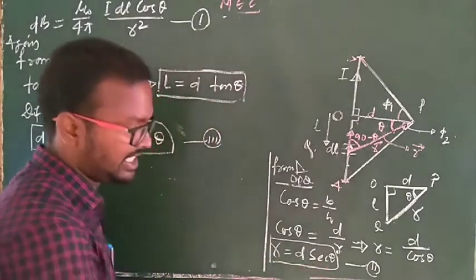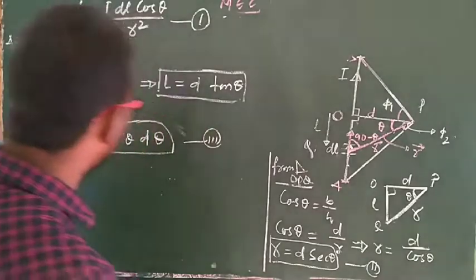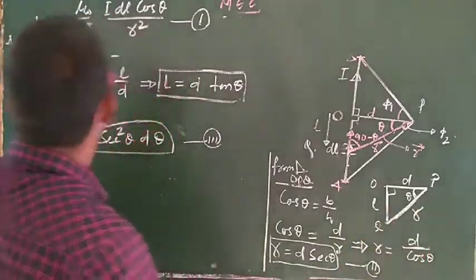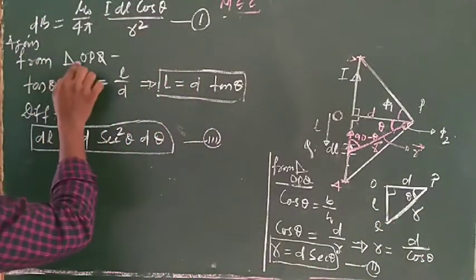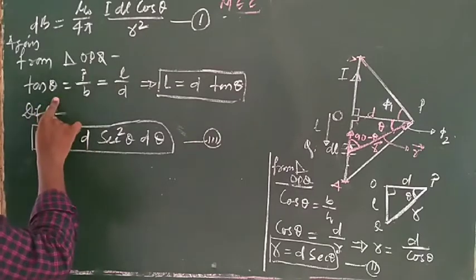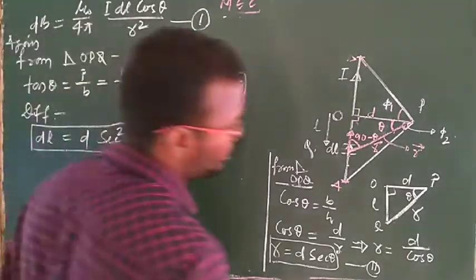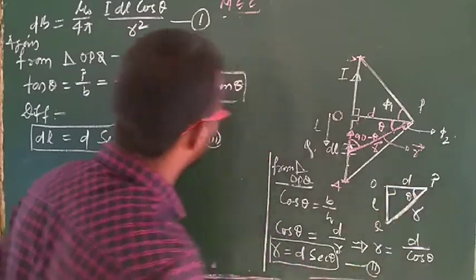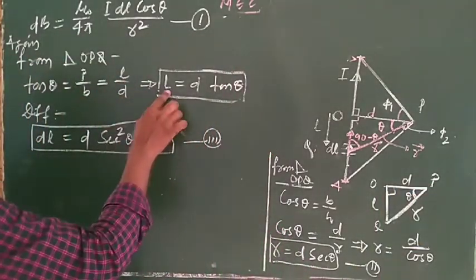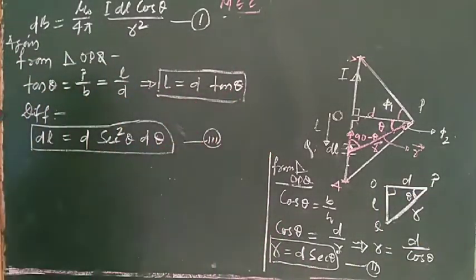So r equals d sec theta, equation 2. Similarly, from right angle triangle OPQ, tan theta equals perpendicular upon base, so l by d, and l equals d tan theta.